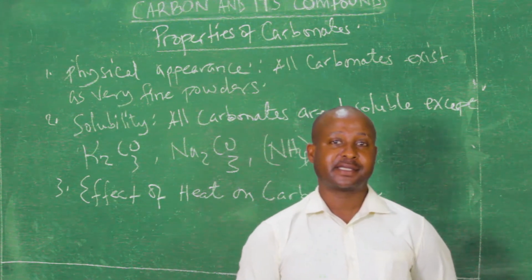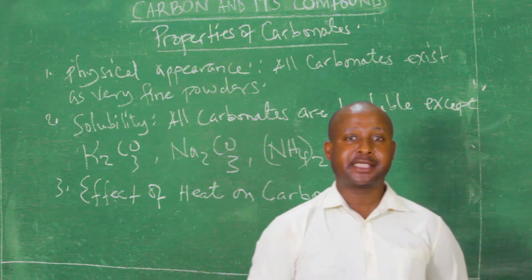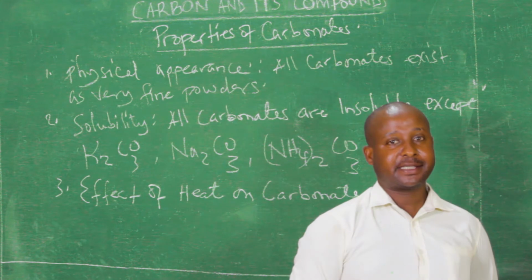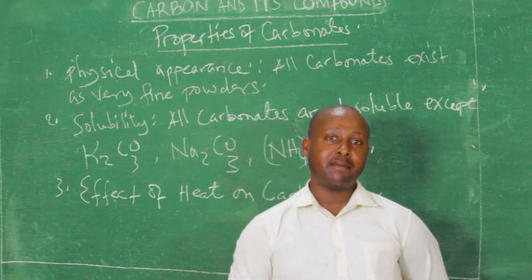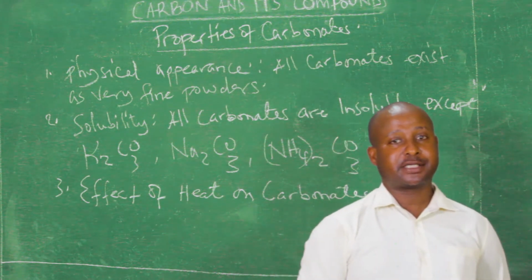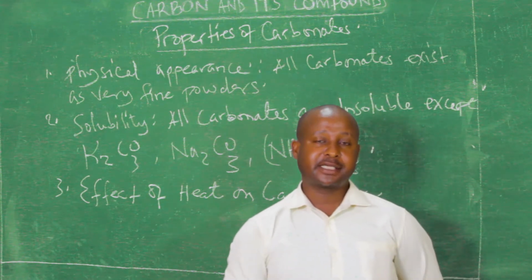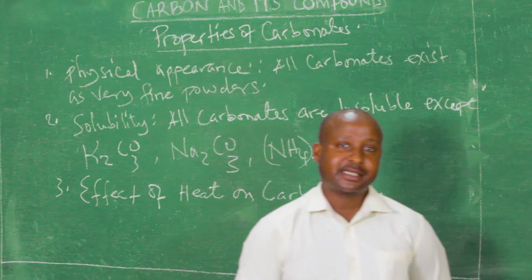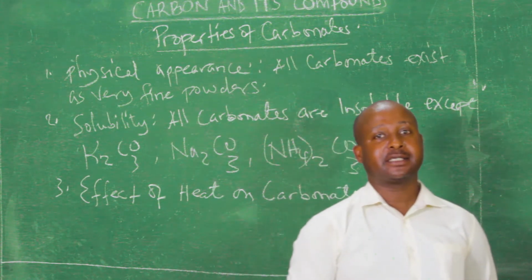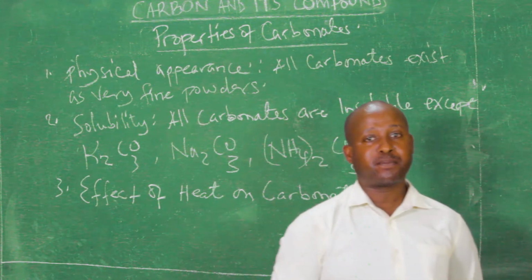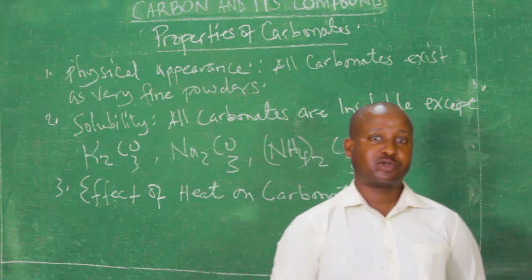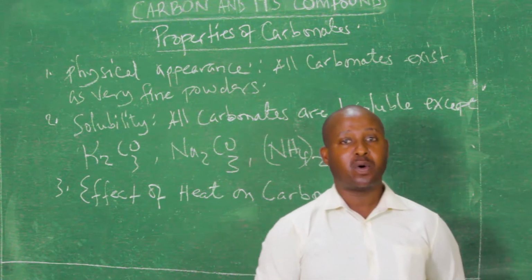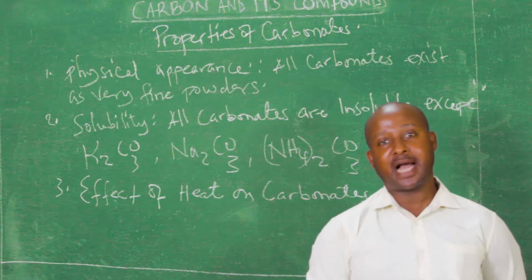All carbonates are affected by heat except the carbonates of sodium, potassium, and ammonium. The rest are affected by heat to give 2 major products. These 2 major products include the oxide of the metal and carbon dioxide gas.